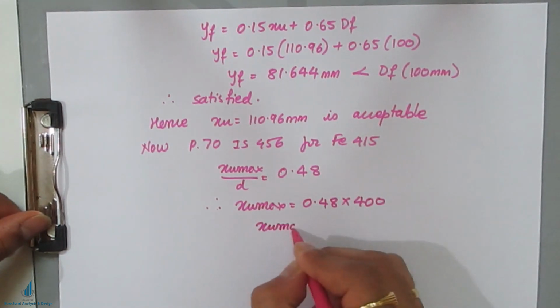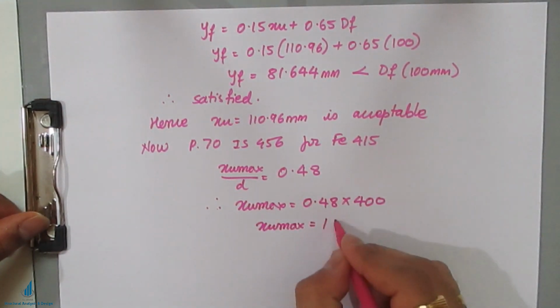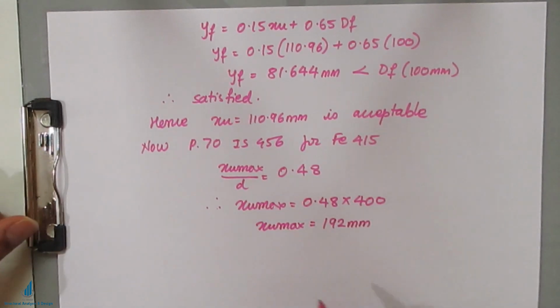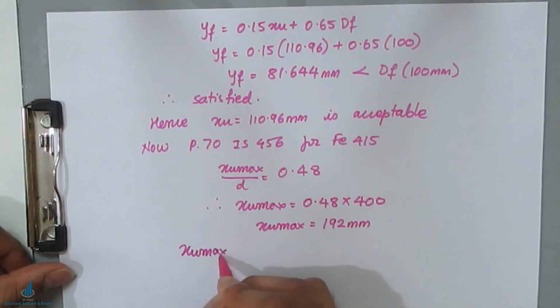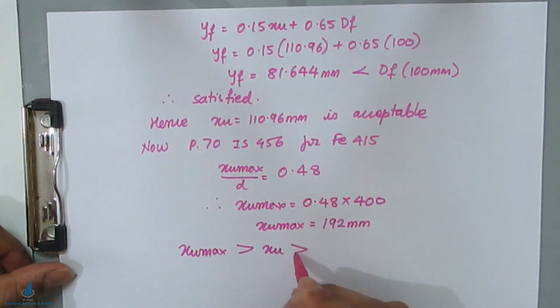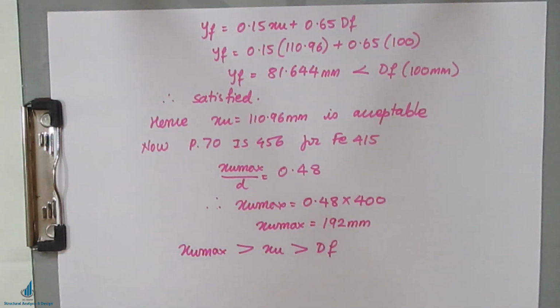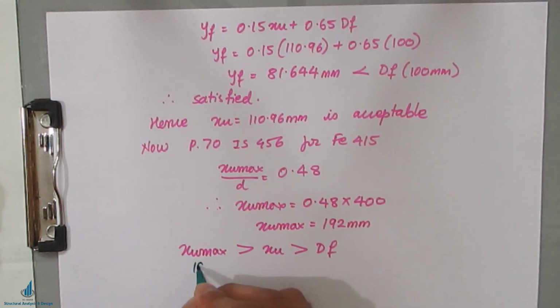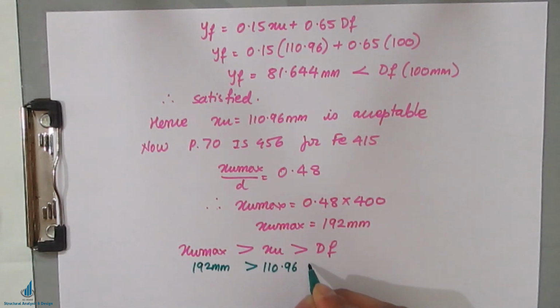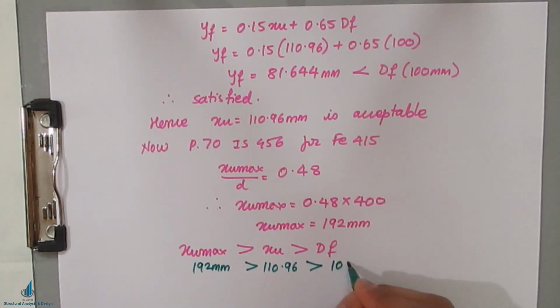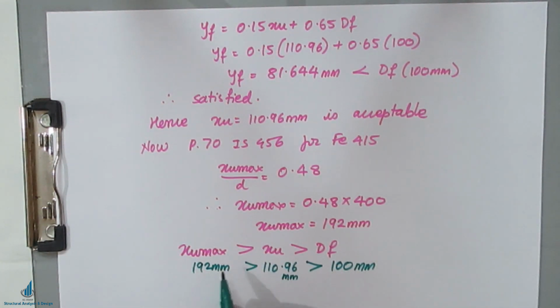So xu max comes out to be 192 mm. Now you can write that xu max is greater than xu, which is greater than Df, because xu max is 192 mm, which is greater than xu. xu was 110.96, the new xu, and it is greater than Df, which is 100 mm. So xu max is greater than xu is greater than Df.